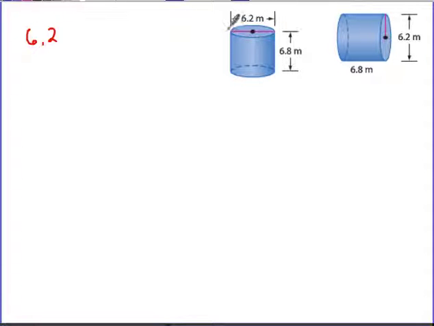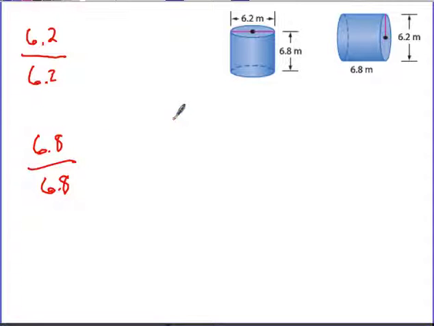But what specifically? What part of the base? Diameter. What's 6.2 here? Radius. Look at it. It goes all the way across. Don't let them trick you with the way they draw it. So it is 6.2 over 6.2, and then we would do 6.8 over 6.8.